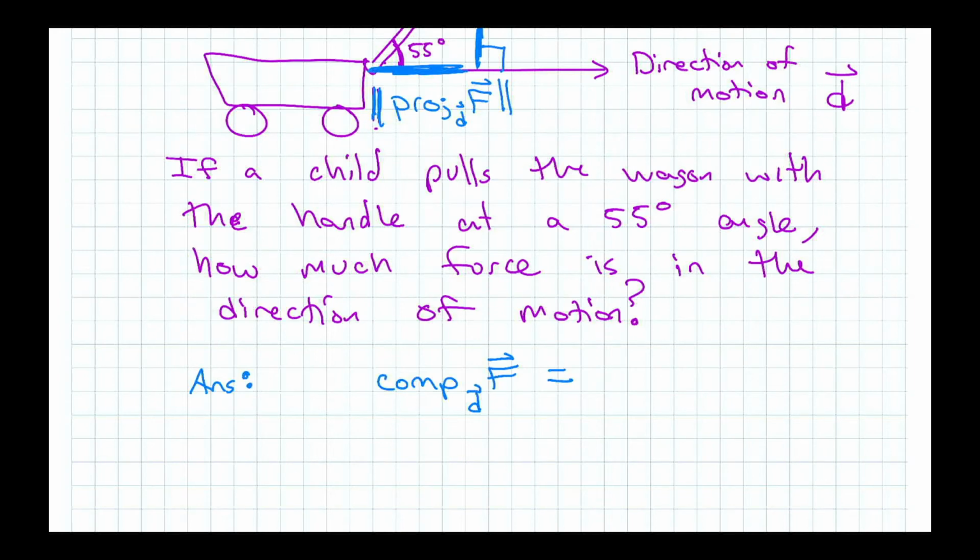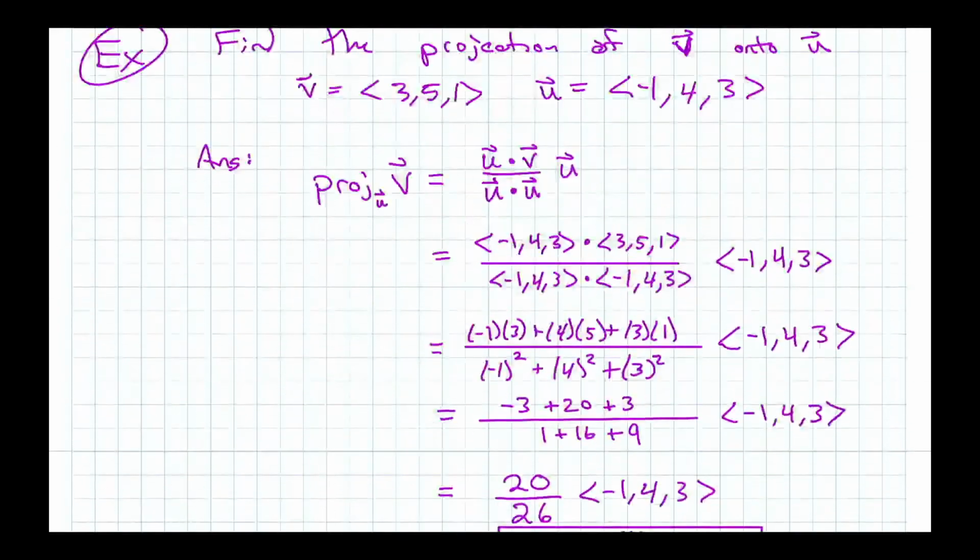Well, remember, if it's in the direction of D, everything is a D except for one F. So it would be the vector D dot the vector F over the magnitude of D. And that would be it, right?